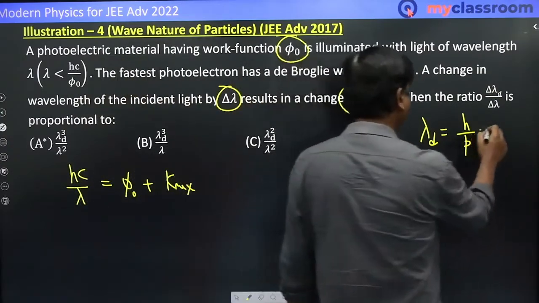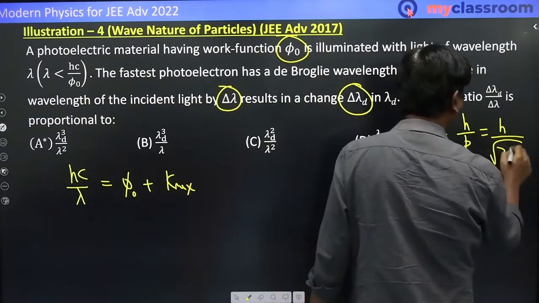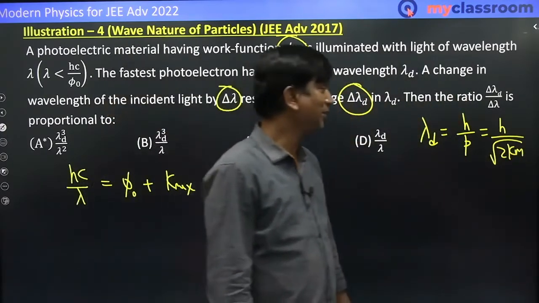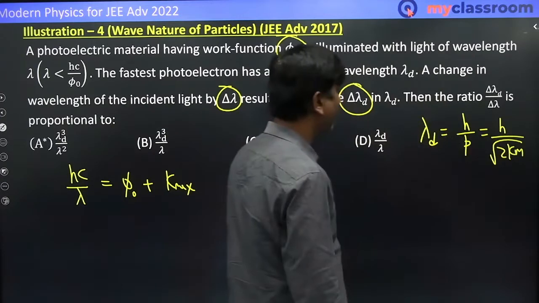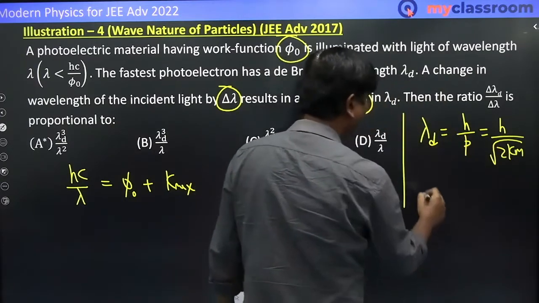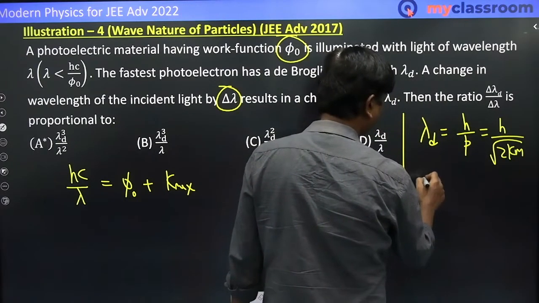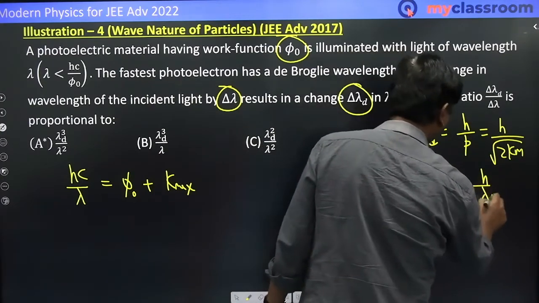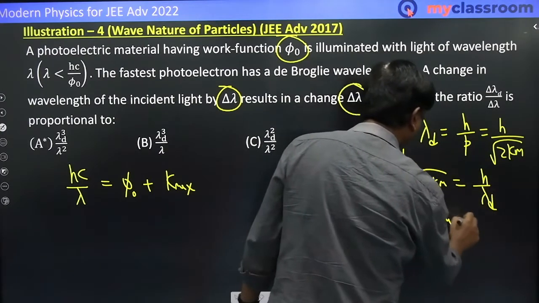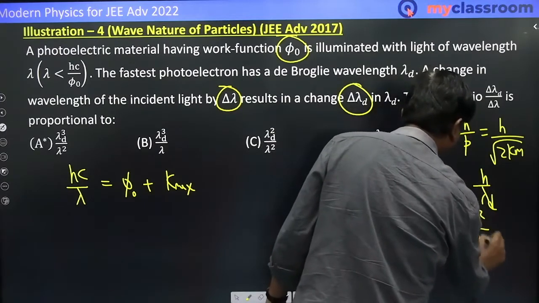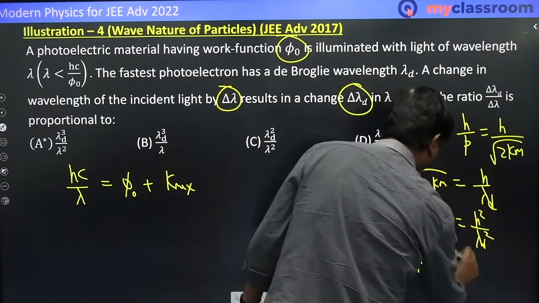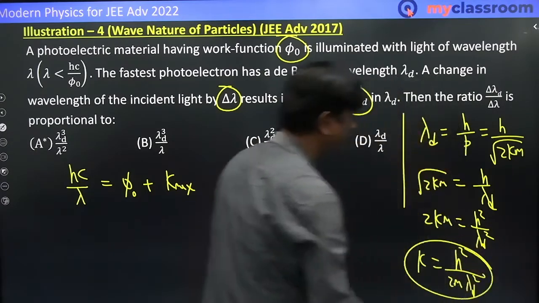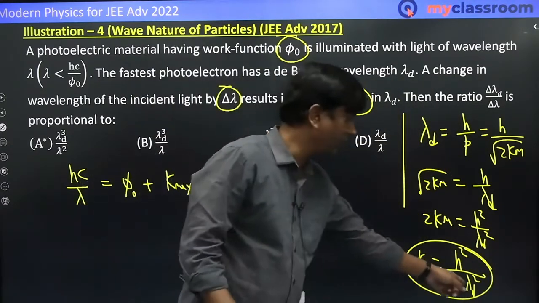And momentum you want to write in terms of kinetic energy: momentum is equal to under root of 2Km. So let us first write the kinetic energy in terms of de Broglie wavelength. Root of 2Km equals h by lambda d, so 2Km equals h square by lambda d square. So K is equal to h square by 2m lambda d square. So you have written the kinetic energy of the electron in terms of the de Broglie wavelength.